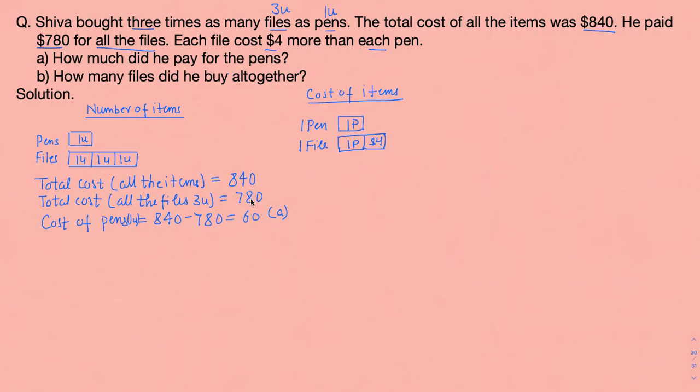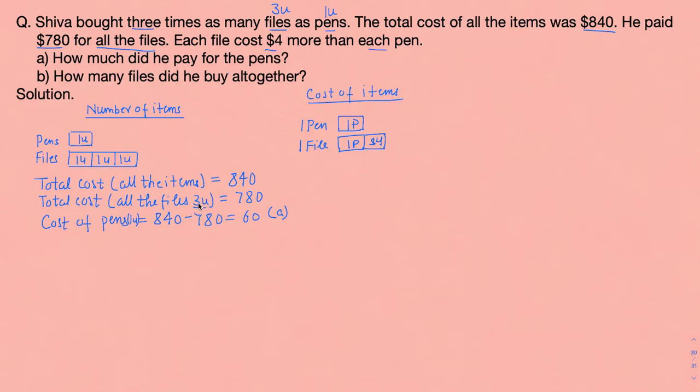But this 780 is the cost of 3 units of file. So the first thing we should do is find the cost of 1 unit of file, in place of 3 units. Why? Because the difference in the cost of one file and one pen is given. So if we want to compare, we should compare the difference in the cost of 1 unit of file and 1 unit of pen.